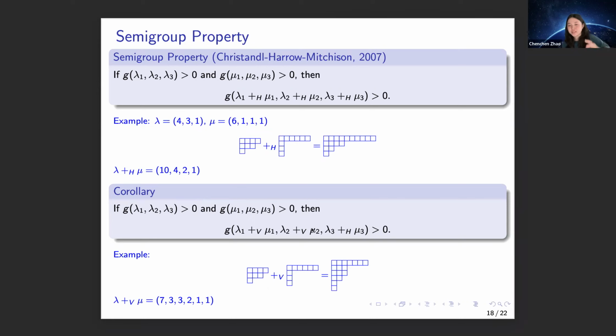So we can add two partitions vertically, and the third partition we add them horizontally. The Kronecker coefficient is still positive. And this property is used intensively, so we consider the building block for this.